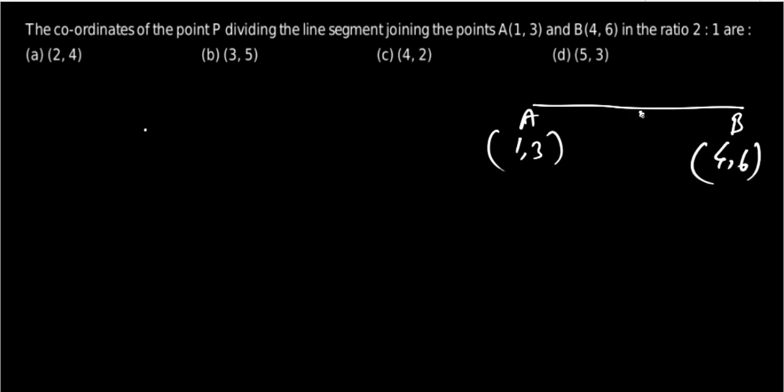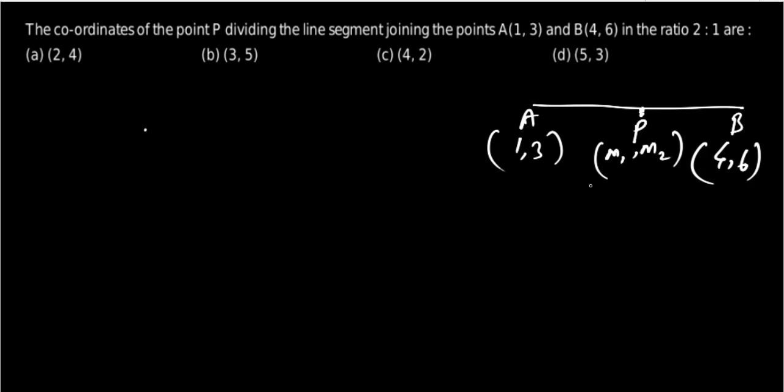The point P is dividing the line segment, so the point P is lying in between these two. This point we can take as (m1, m2).